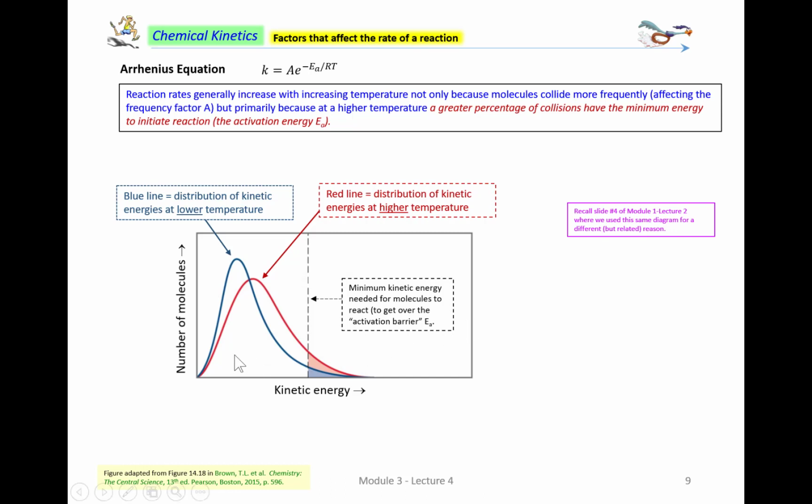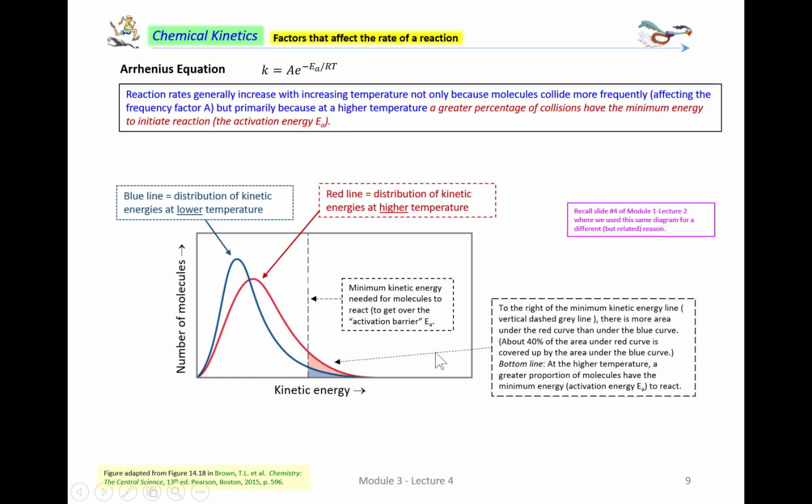You'll notice that at lower temperatures, there are some molecules that do have enough energy to get over that activation barrier, but at higher temperature, a much greater proportion of molecules have the minimum kinetic energy to get over that activation barrier because more molecules have higher energy.